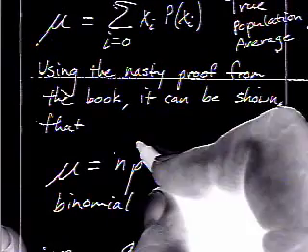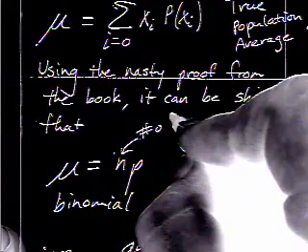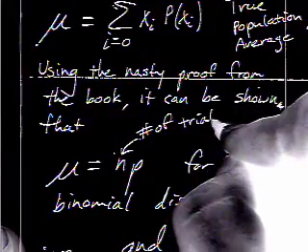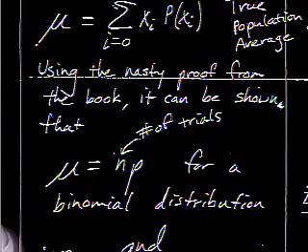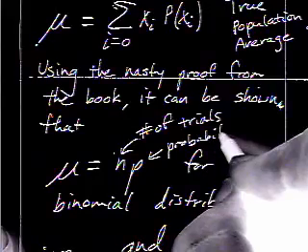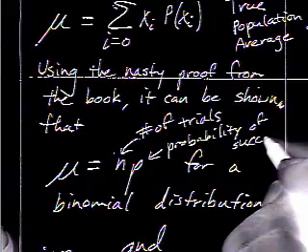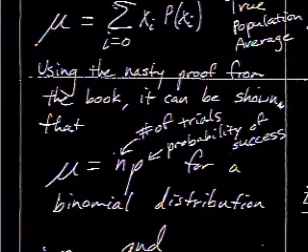Mu is equal to n, being the number of trials, and p being the probability of success. For a binomial distribution. So it's pretty easy to find n and p, multiply them together, and then you have your average.